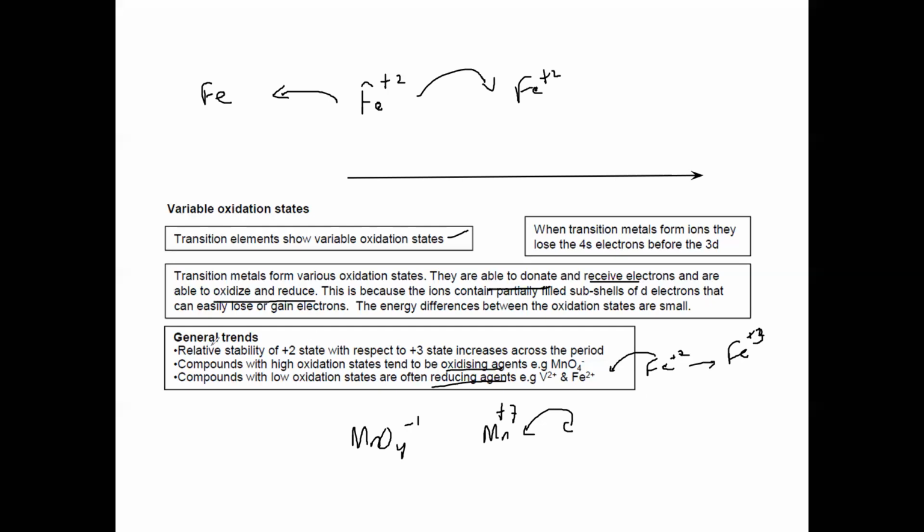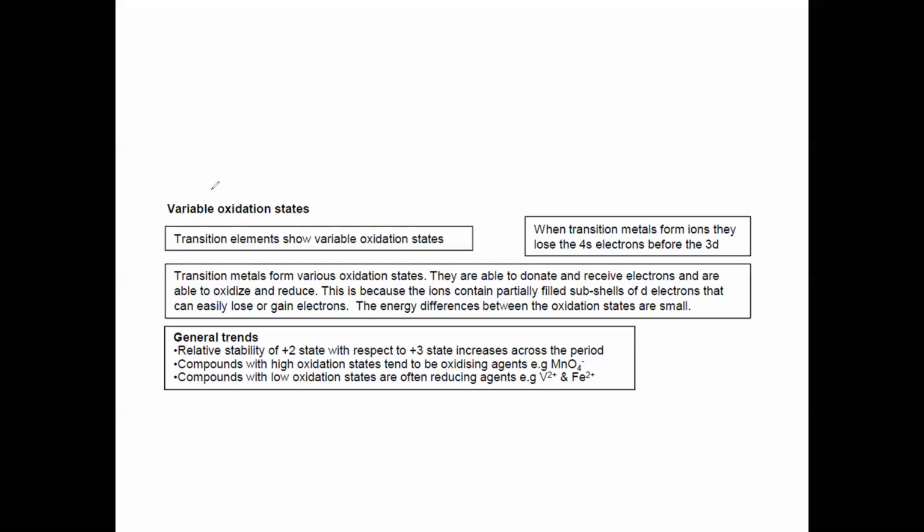So the general trend is that the stability of the +2 oxidation state with respect to +3 increases across the period. A compound of high oxidation state tends to be an oxidizing agent because it tends to gain electrons, or it is reduced. And a compound with a low oxidation state tends to be a reducing agent, or it tends to lose electrons. That's why they are reducing agents. Copy this one.